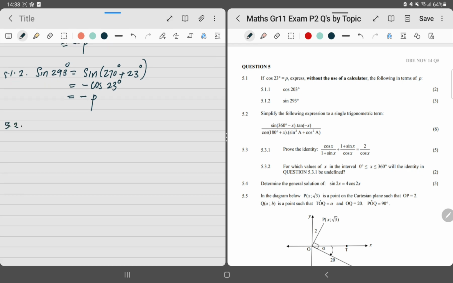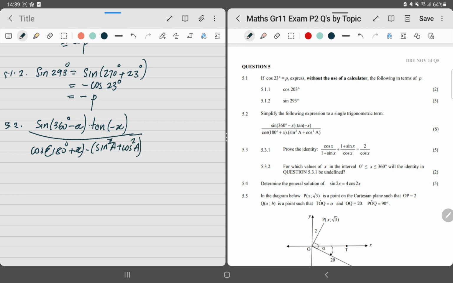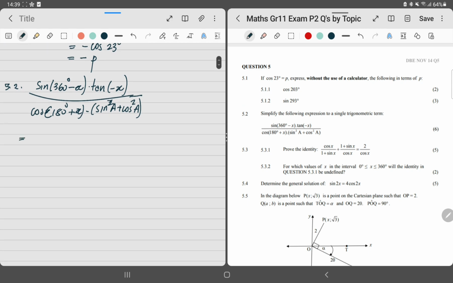5.2. Simplify the following expression to a single trigonometric term. Sine of 360 degrees minus x, multiplied by tan of minus x, all over cos of 180 degrees plus x times sine squared A plus cos squared A. 360 minus is in the fourth quadrant.